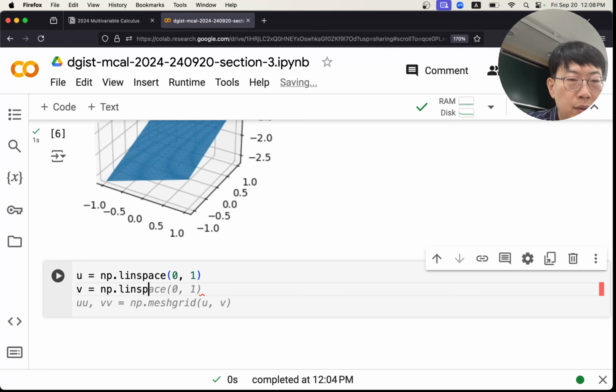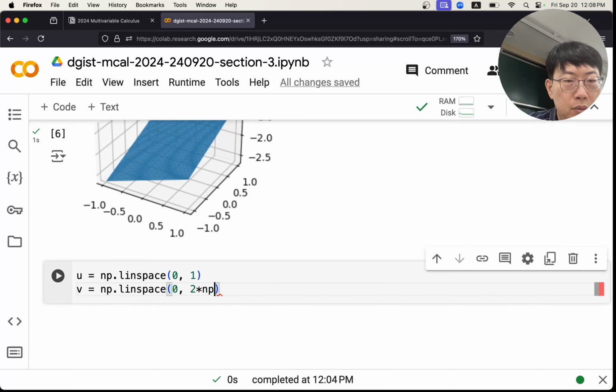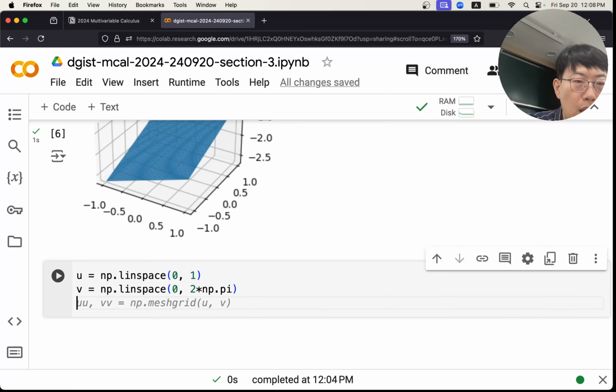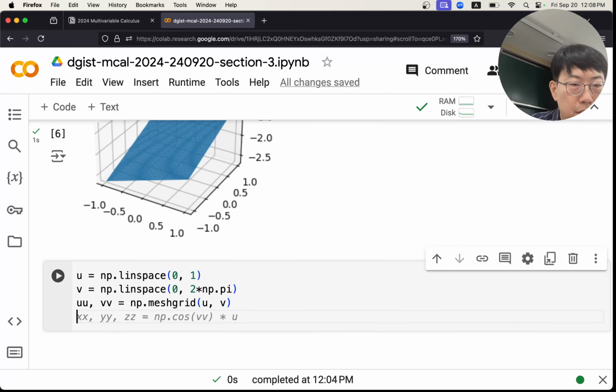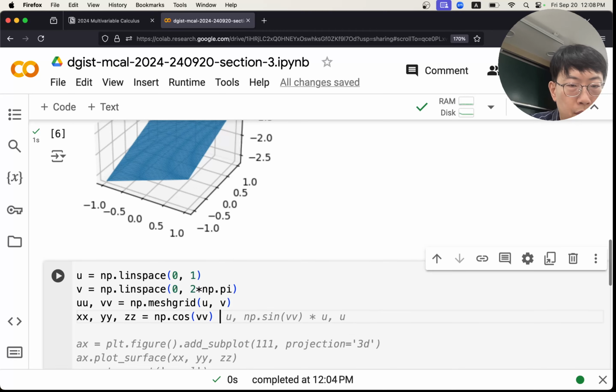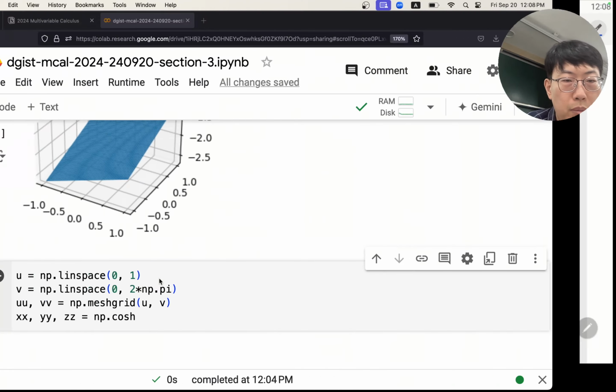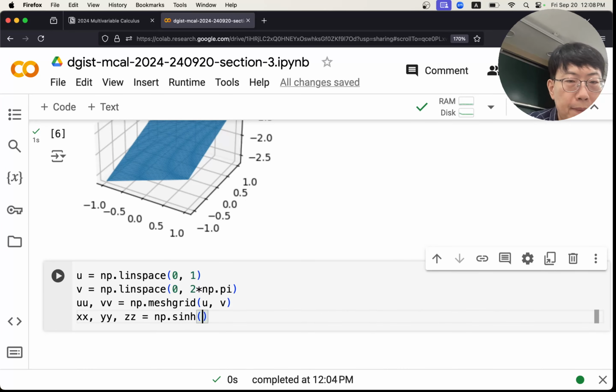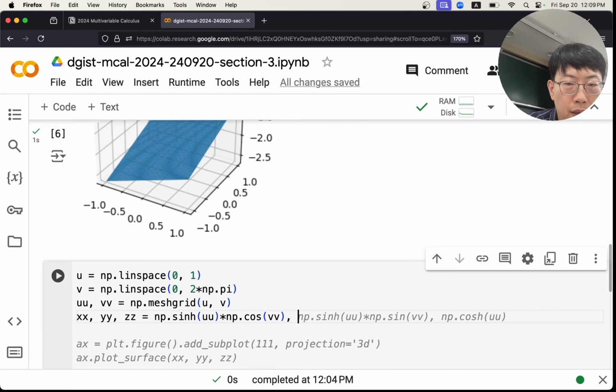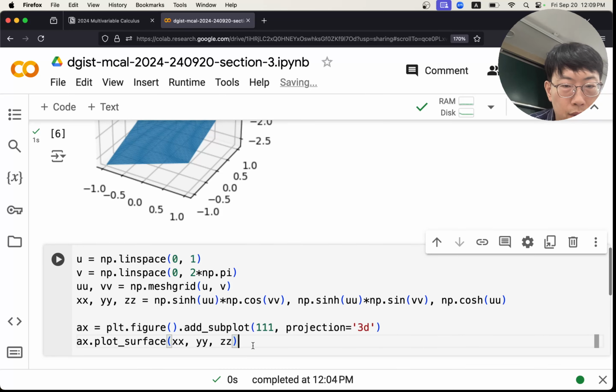And v is 0 to 2 pi. And mesh grid, and XX, hyperbolic sine, sorry. UU times cosine V, VV, sine and cosine, and then surface plot.